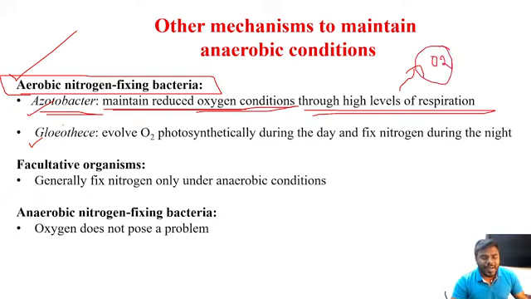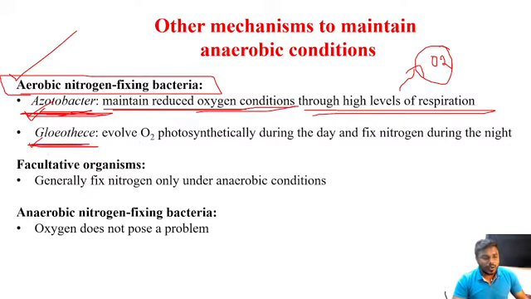So what the Azotobacter is doing, it increases the levels of respiration. By that, more oxygen will be consumed. So during the nitrogen fixation, in the Azotobacter body, oxygen levels drastically fall down. When the oxygen levels drastically fall down, nitrogenase enzyme present in the Azotobacter will become active. Very simple statement.